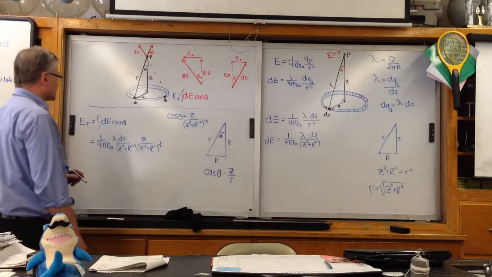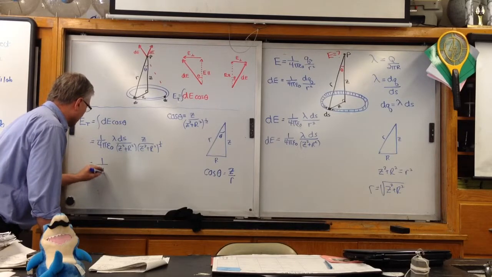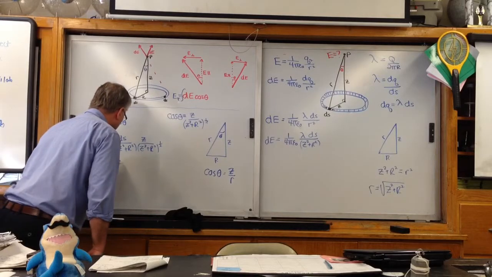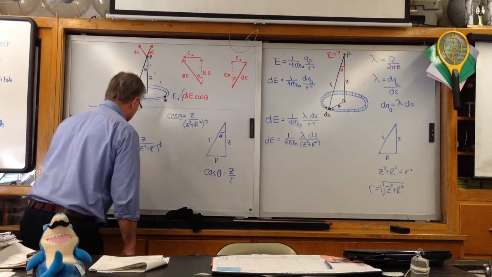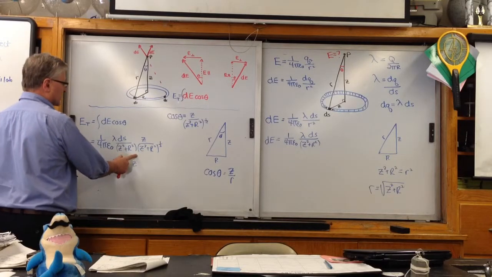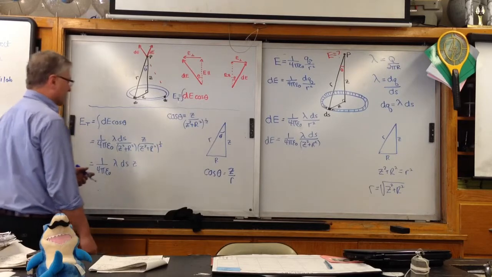All right, now if we clean this up a little bit, we're going to end up with 1 over 4 pi epsilon-naught lambda ds, and there's a z up in the top, looks like that. Now, what is z squared plus R squared times z squared plus R squared to the 1/2?